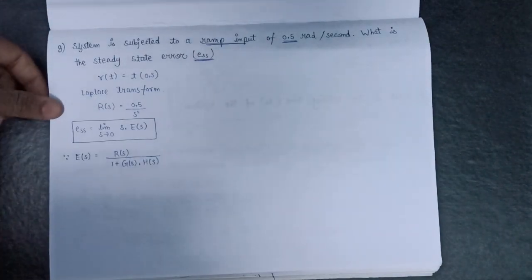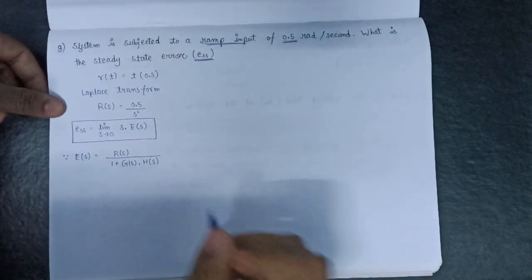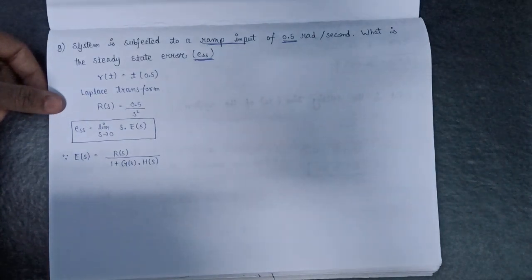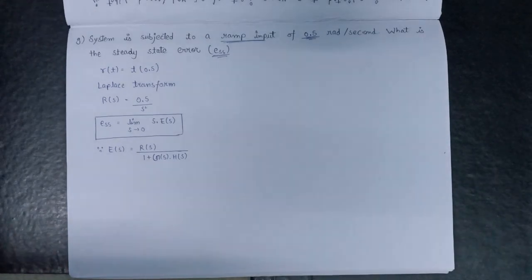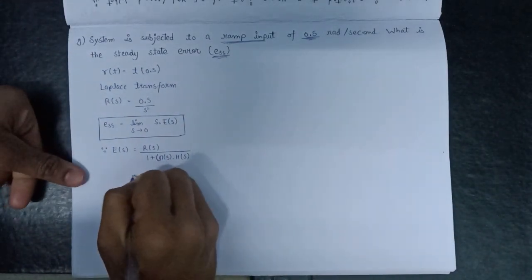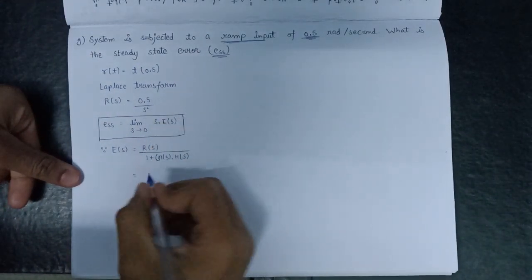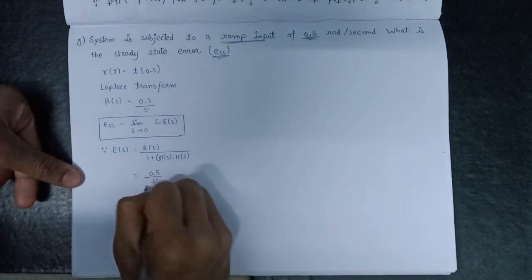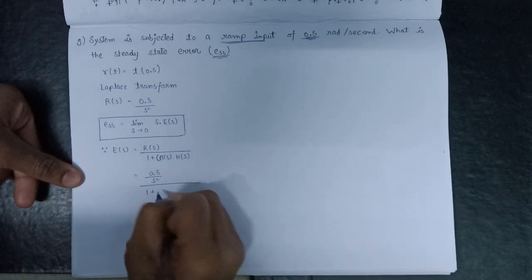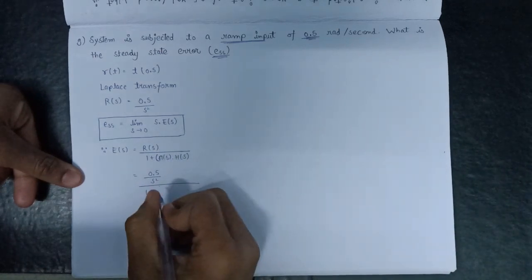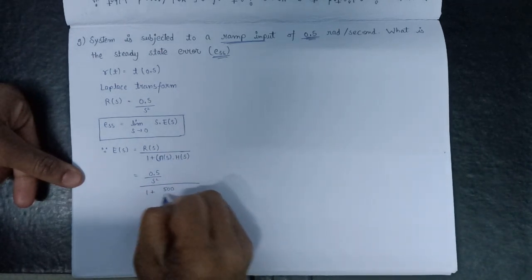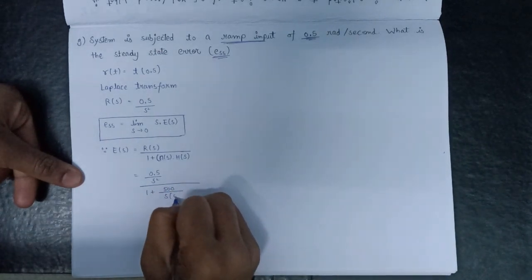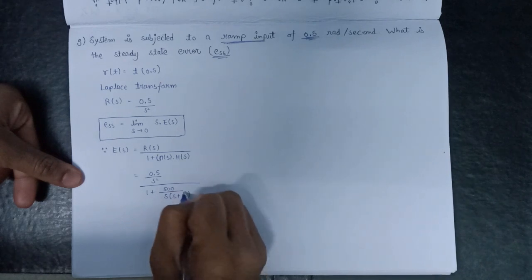In the question we have the value of G of S and H of S. So on putting the values, R of S is 0.5 over S square divided by 1 plus G of S, whose value is given in the question, that is 500 over S into S plus 15.